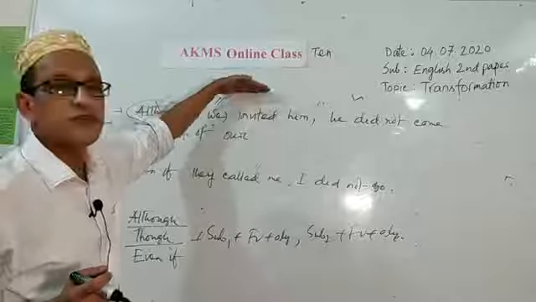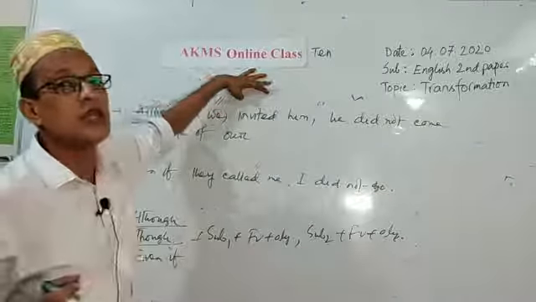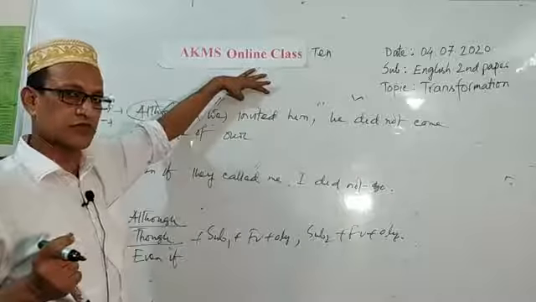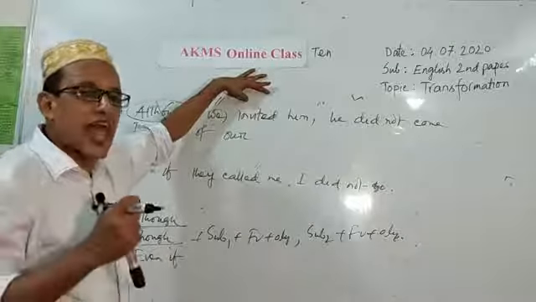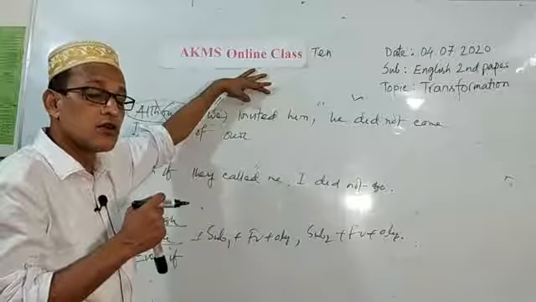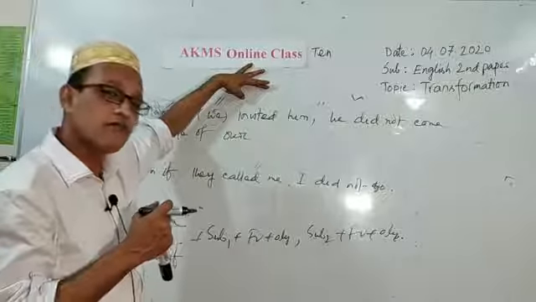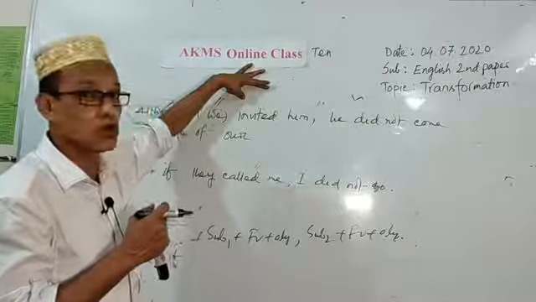But if you don't know the noun form of the verb, then you will use the ing form of the verb, because then it will act like a gerund. And gerund, what is the function of gerund? Gerund can act like a verb and noun also.